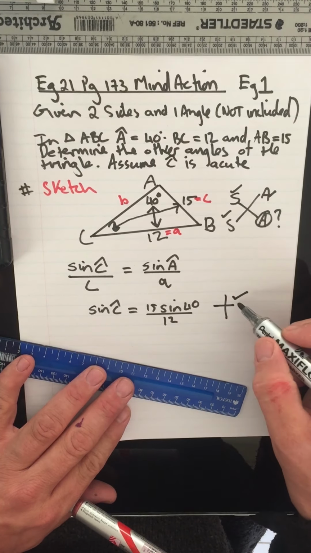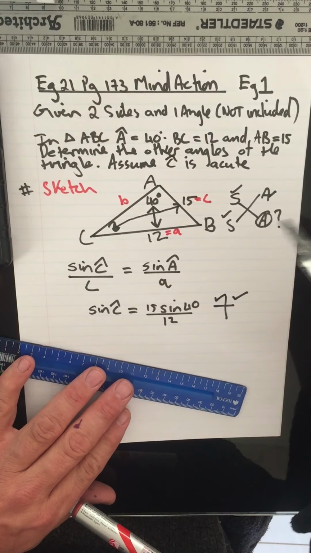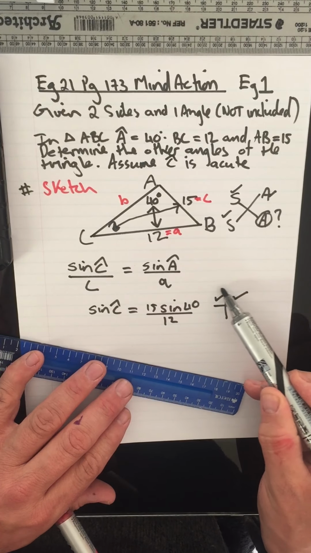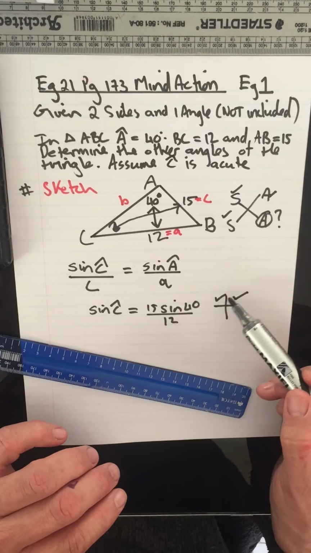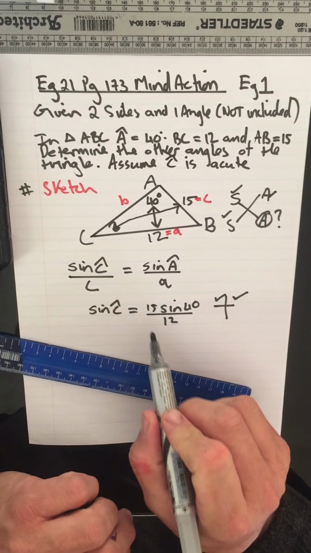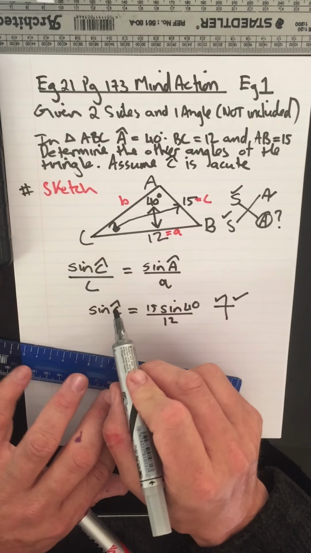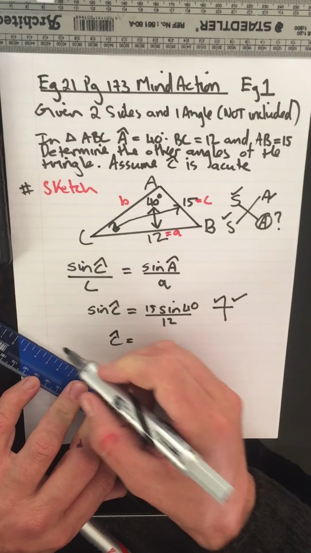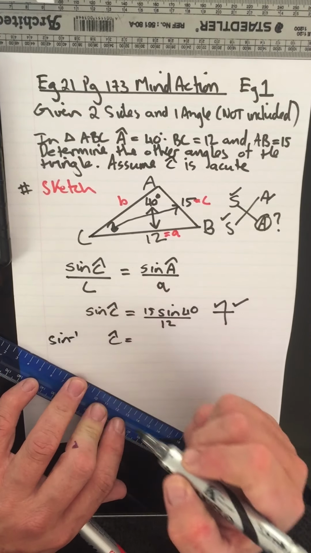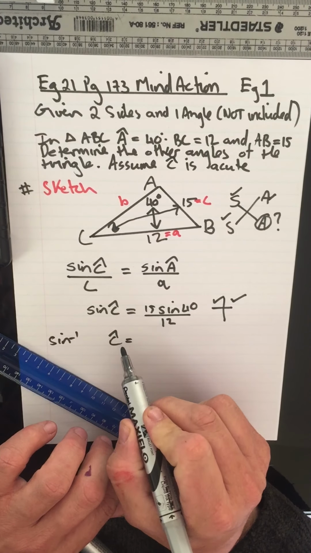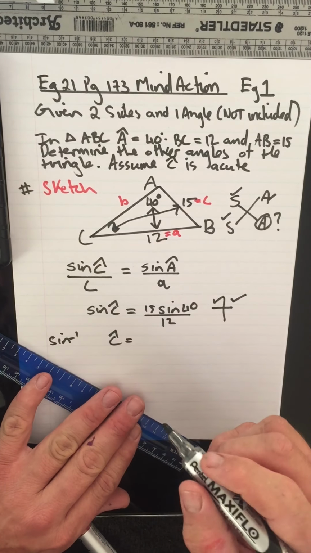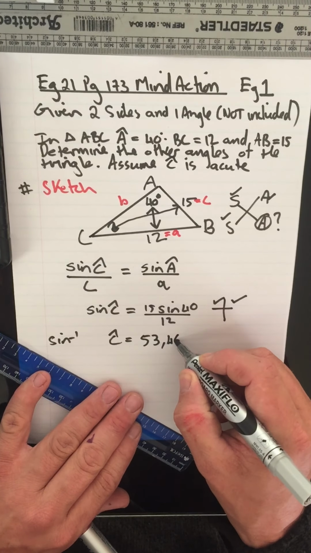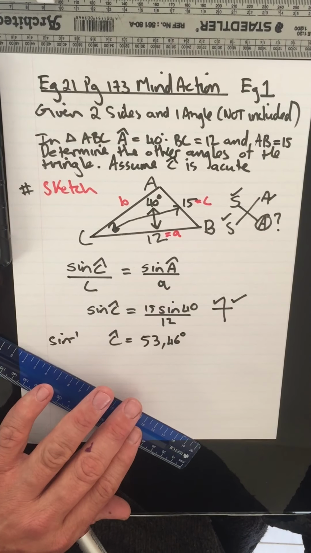So, since we have a trig equation, now remember, if we remember the definition of sine, sine is positive in quadrant 1 and quadrant 2, and it says C is acute, so we will not be doing the other reduction, the obtuse angle reference. So all we do is we press arc-sine of that, and we'll be left with C on our calculator. Now remember, arc-sine is the shift sine to the power of -1, and that gives us 53.46 degrees on our calculator.